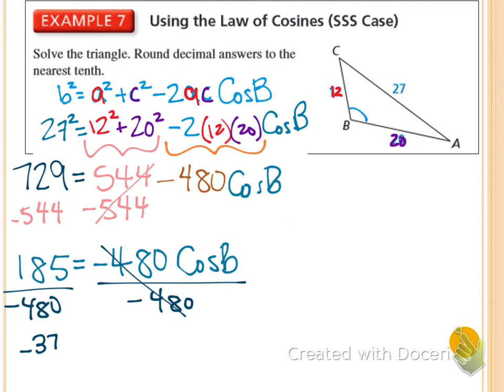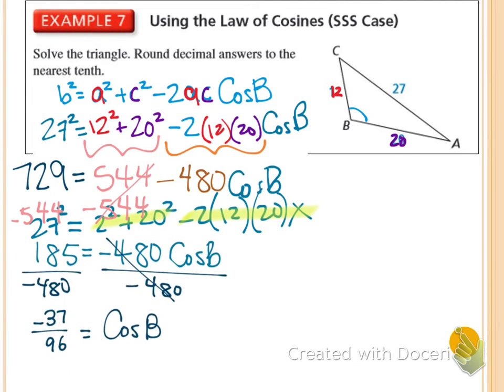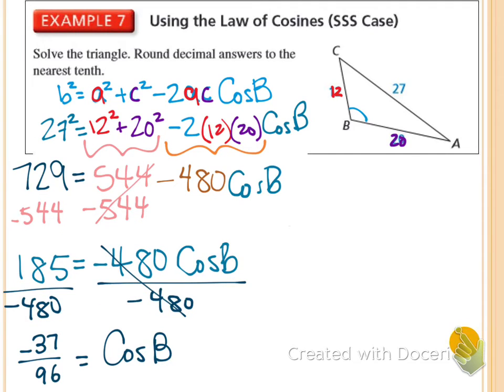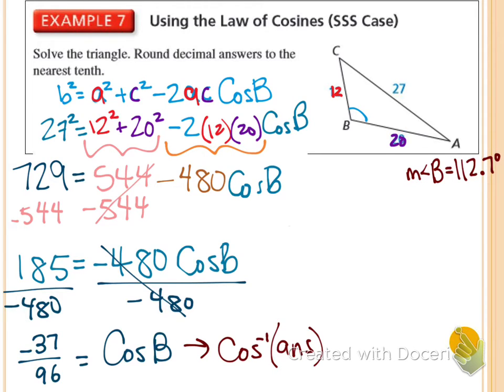Mine shows a fraction. Yours could show a decimal. It doesn't really matter. That's what cosine of b equals. So how do I get angle B by itself? I'm solving for an angle. So I use the inverse button. Shift cosine, use your previous answer. What do we get? 112.7. Did anybody not get 112.7?